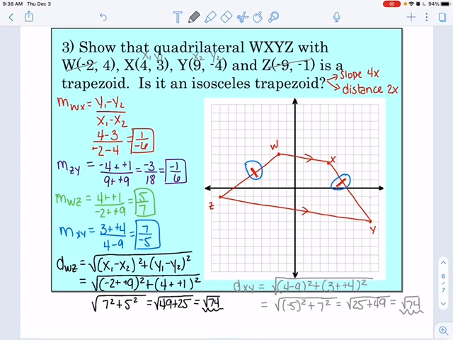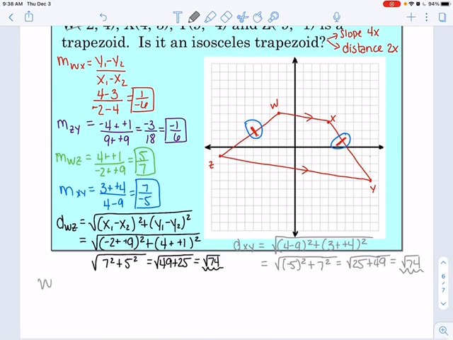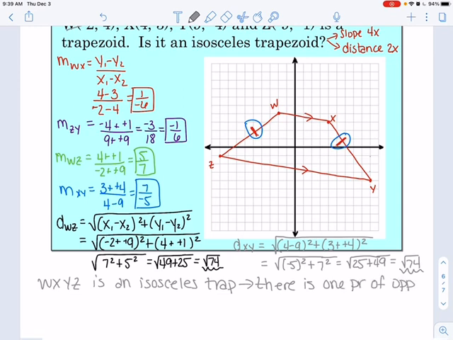So now we finally have enough information to say that that's an isosceles trapezoid. So WXYZ is an isosceles trapezoid. Okay, and the reason is there is one pair of opposite sides that are parallel, which is WX is parallel to ZY.